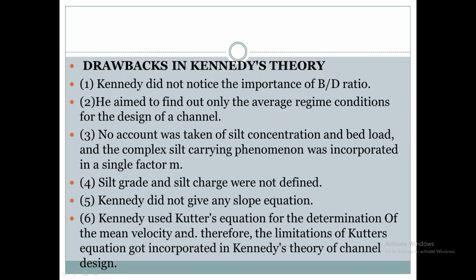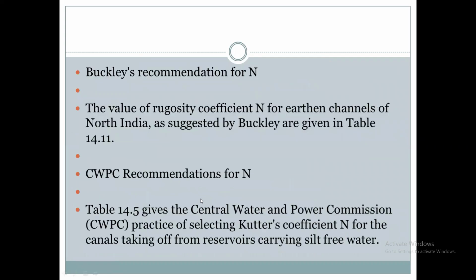And the sixth one, Kennedy used the Cutter's equation for the determination of mean velocity. Cutter's equation V is equal to C into root of RS. From that he calculated the mean velocity.